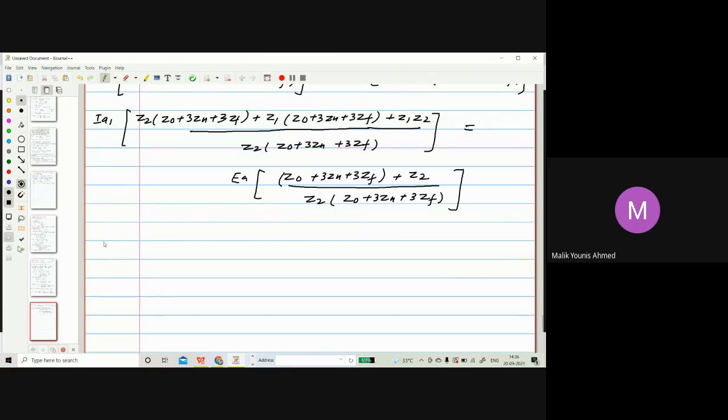IA1, now IA1 will take the rest of the terms on the other side. IA1 will be EA multiplied by Z0 plus 3Zn plus 3Zf plus Z2. This is the complete term here, and down we will have Z2, Z0 plus 3Zn plus 3Zf.